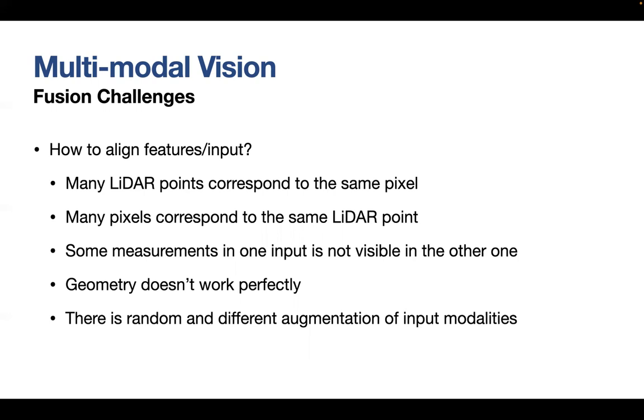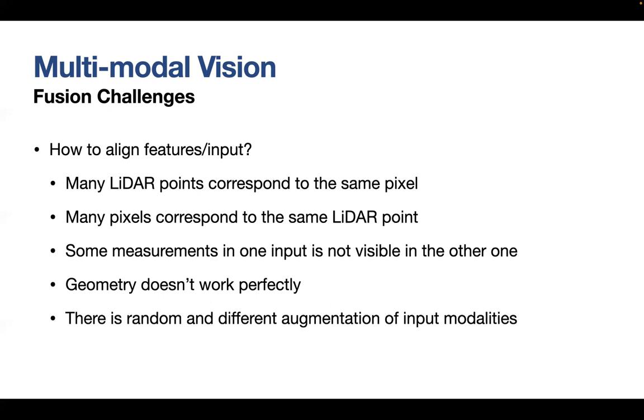So how do we decide how we merge these? Or many pixels can correspond to the same LiDAR point. We know that LiDAR input is more sparse, but the image representation is very dense.